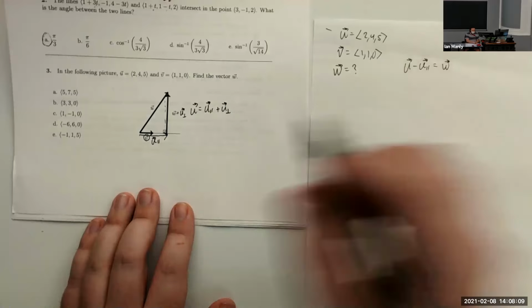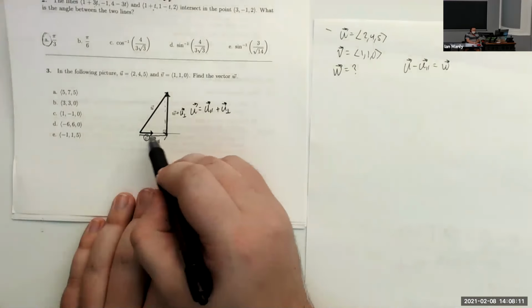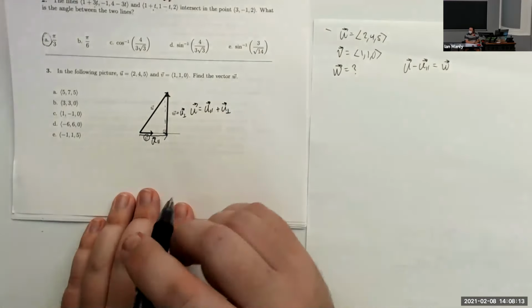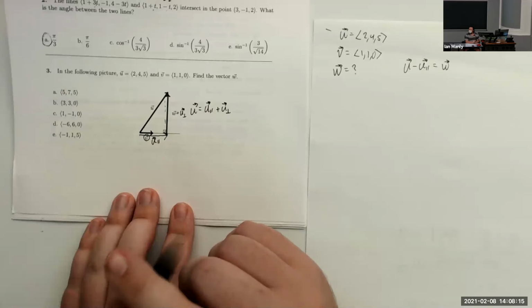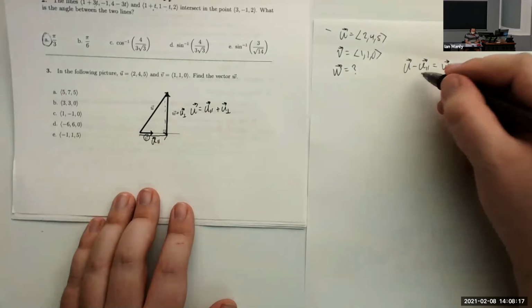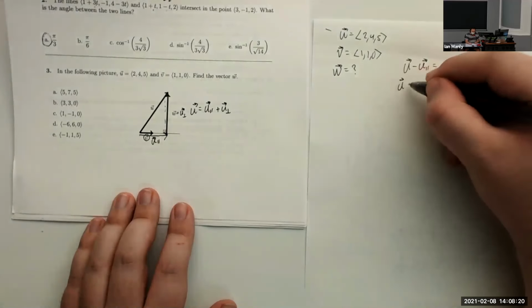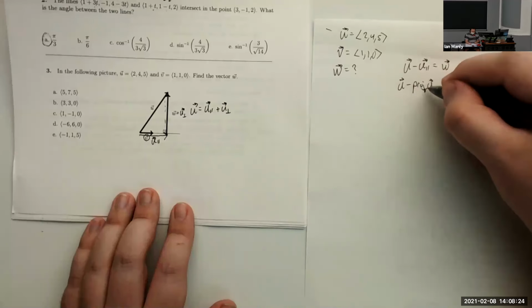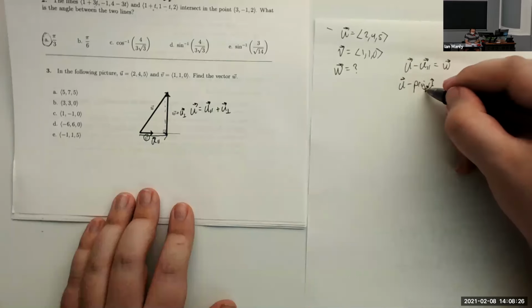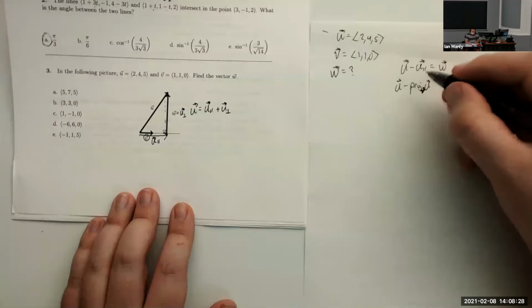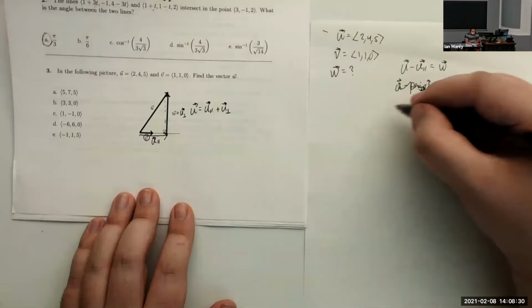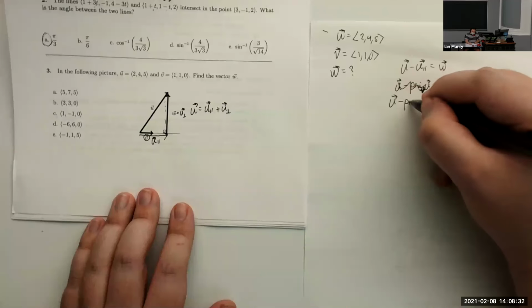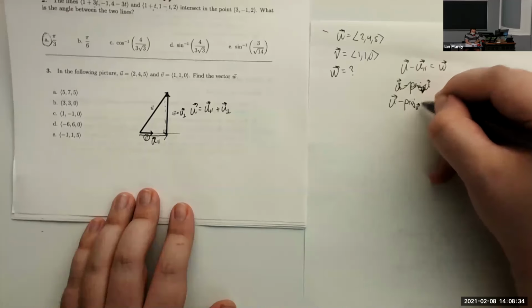How do we get a vector based on u that's parallel to another vector? It's the projection. That's right, very good. So another name for u parallel is the projection of u onto v. Let me rewrite this: u minus the projection onto v of u.